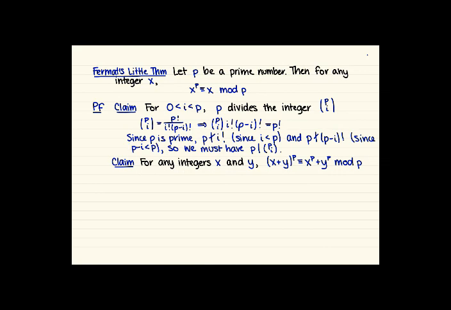Now that we've shown that p divides the integer p choose i, we're going to use the binomial theorem for expanding these binomial products, and use that to show that for integers x and y, x plus y to the p is congruent to x to the p plus y to the p mod p.